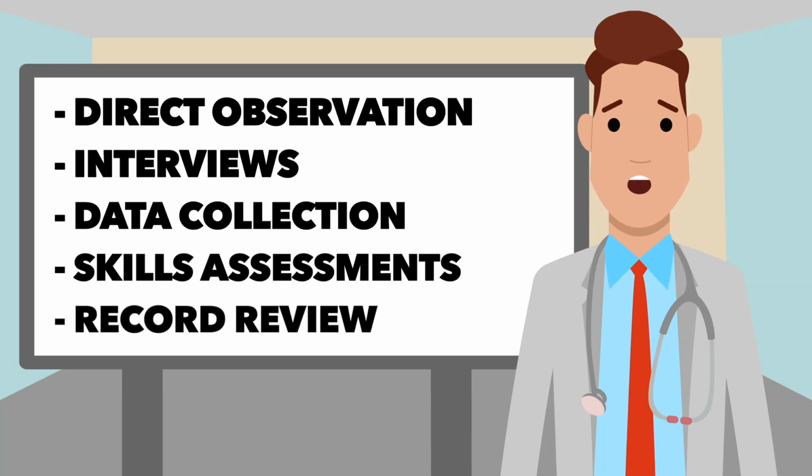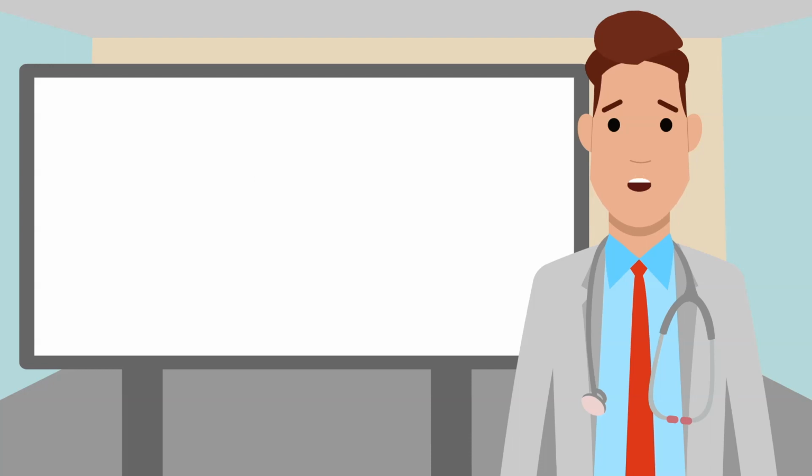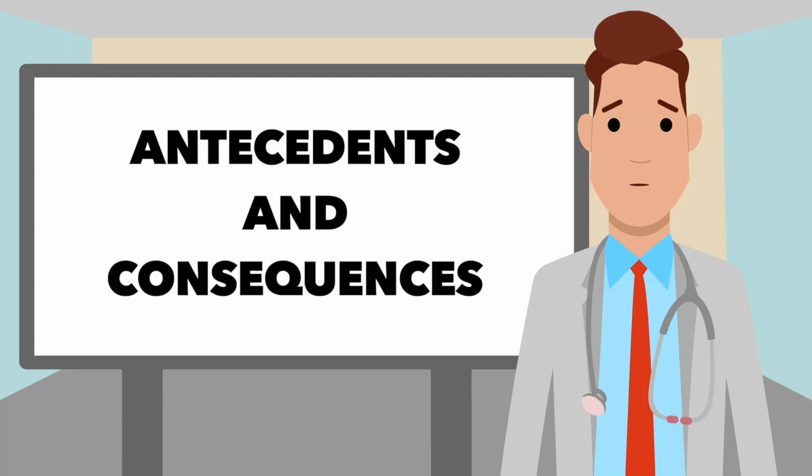Once this understanding is developed, interventions can then be designed to help address the underlying issues that are contributing to the behavior, including antecedents and consequences that are delivered when the behavior occurs.